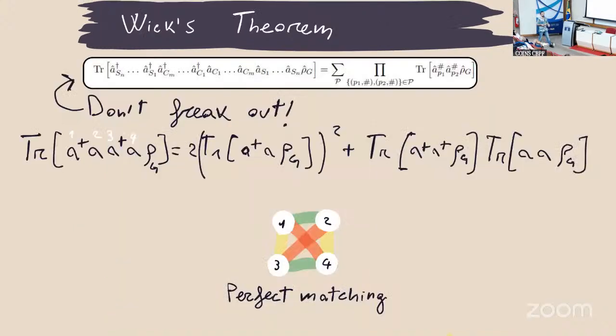So people, sorry for this, don't freak out. When we try to study non-Gaussian states, the typical approach is using a truncation of the Hilbert space. I really don't like this approach because somehow it's destroying the continuous variable flavor of the system.